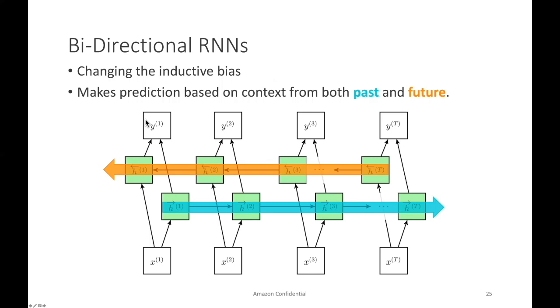So this way, at any point in time you will not only look at the past, but you will also look at the future context and use that in your network. So where can this be useful? In case you are using a network which has to make predictions in the next time step, this is not going to be useful.